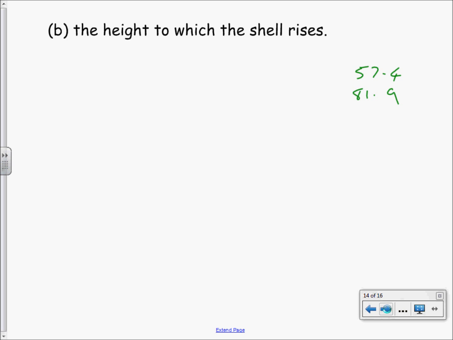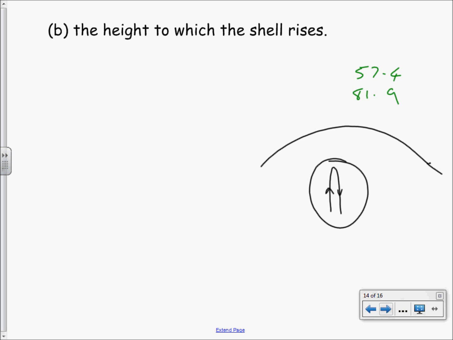All right, the height to which the shell rises. Whether the shell is doing that or doing that, it makes no difference to the calculation. We've already looked at examples where things go up and down. This time it is going up and down, but with the sideways motion superimposed. So really, we just need to consider what's happening in the vertical plane.